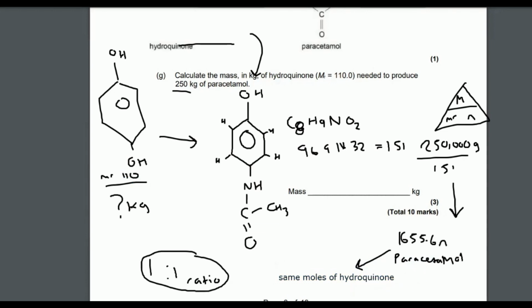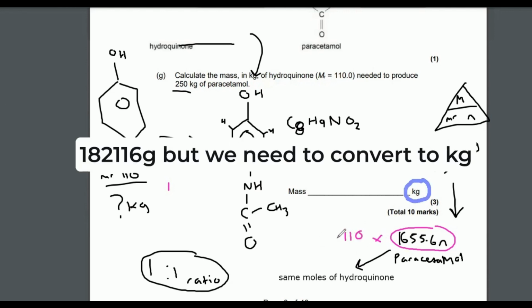Now, luckily they've given us the MR of hydroquinone. They don't want us to do that same thing twice where we have to calculate the MR. So we're just going to do 110 times the 1,655.6 moles. So we're going to multiply those together. And what we're going to get when we do that is 182,116 grams.